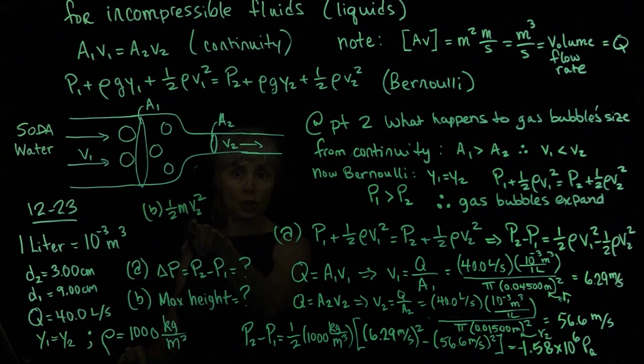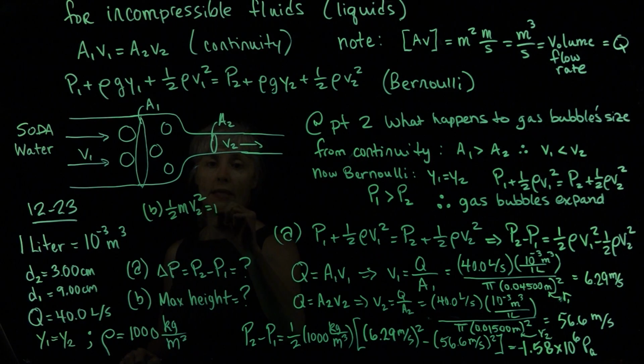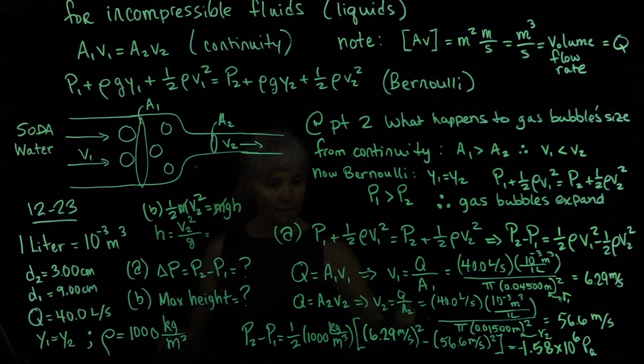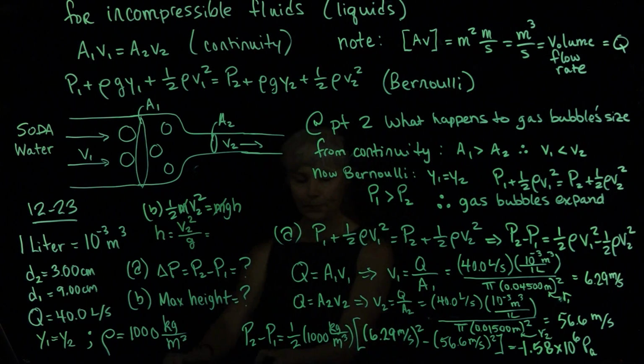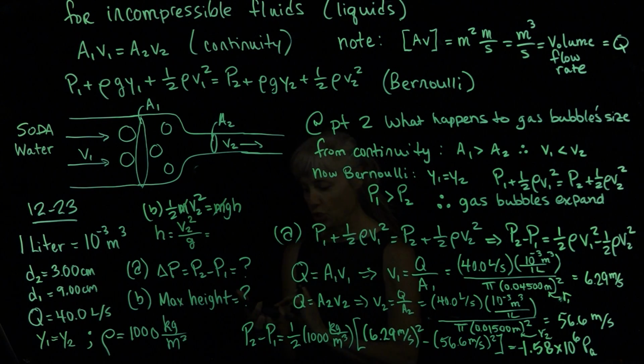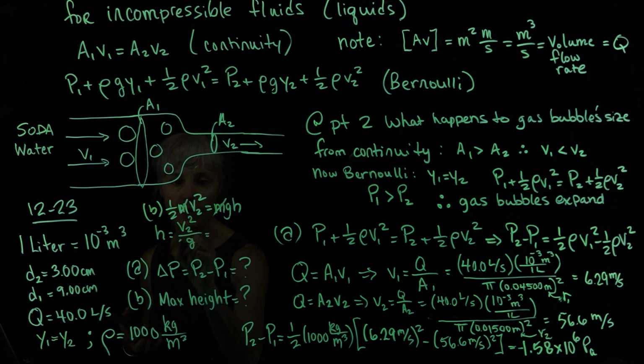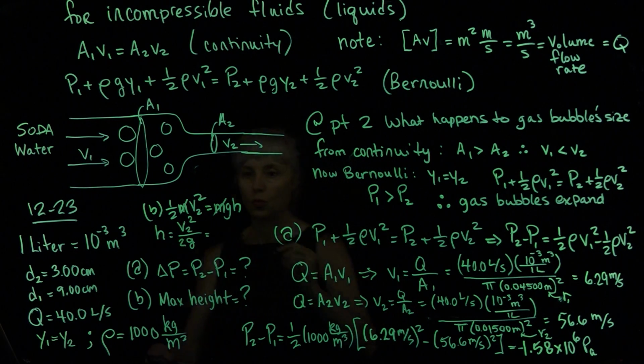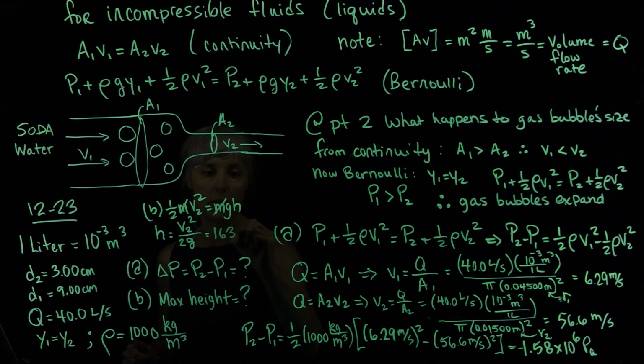The velocity at point 2 is the velocity it has when it actually leaves the nozzle, and we can set that equal to mgh, and the masses cancel, and you see h then is just equal to v2 squared over 2g. I missed my factor of 2 there, excuse me. And so when we plug those values in, we get 163 meters.